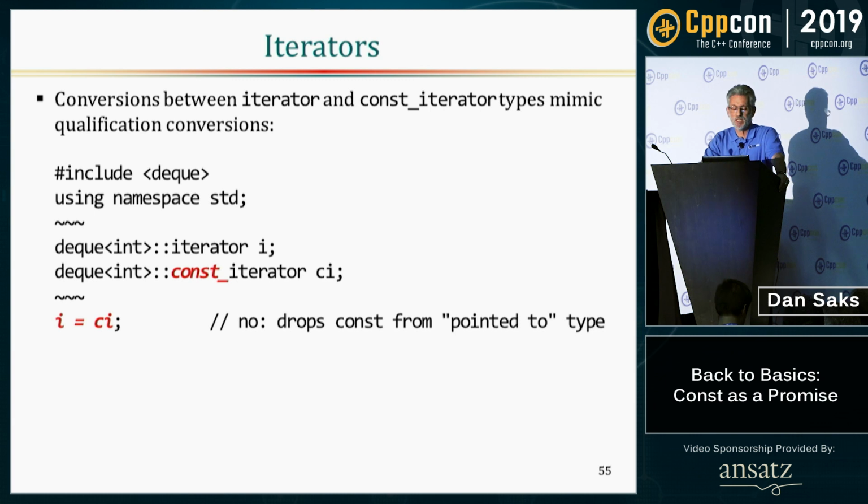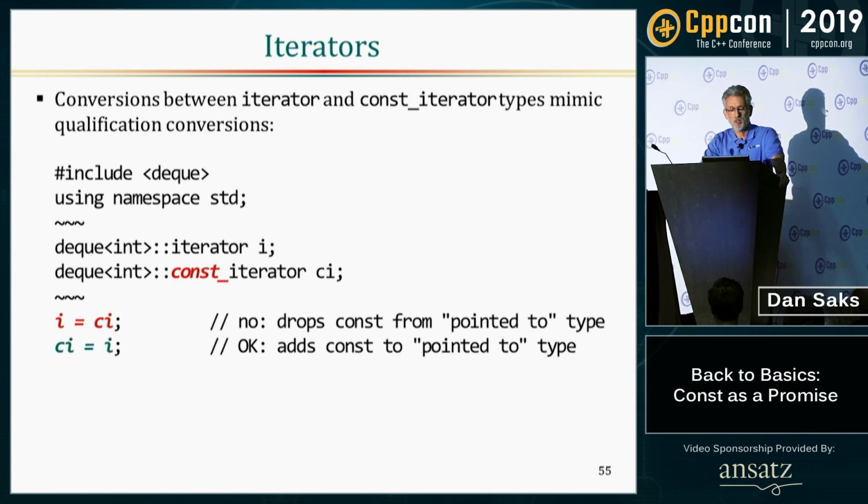Can you convert ci into i? No, because that drops a const from the pointed to type. But you can convert i into ci. That is the iterator type's analog of a qualification conversion.